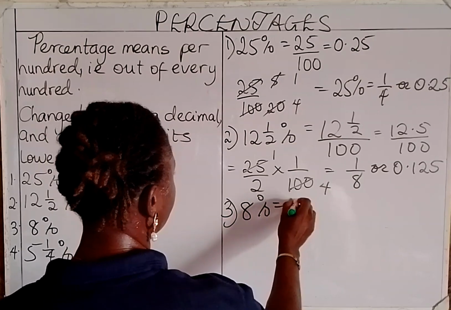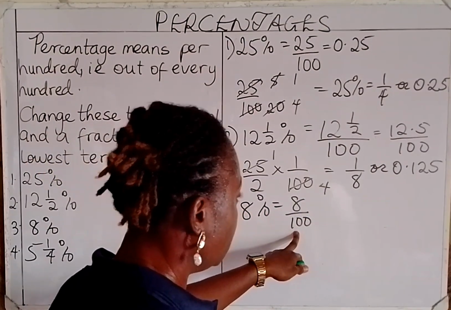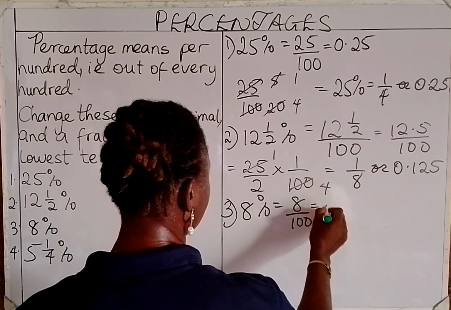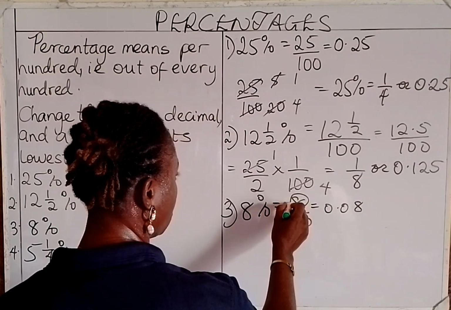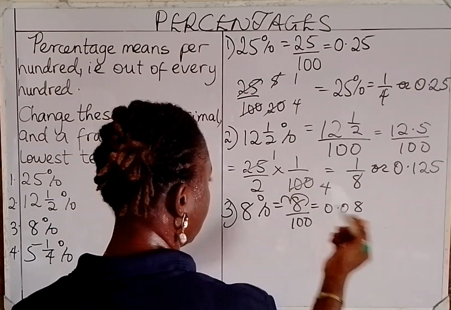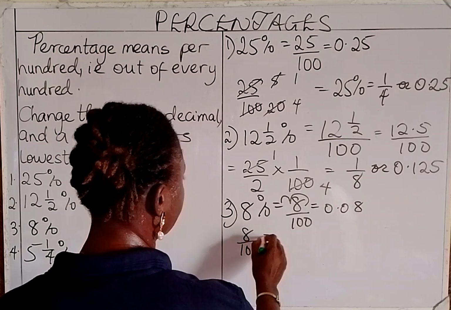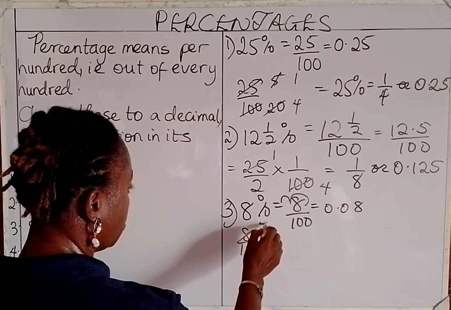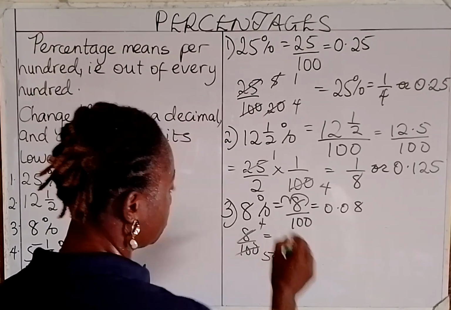Question 3. 8%, which equals 8 over 100. So to get the decimal of this, it should be what? 0.08. From here we move twice, 1, 2. So that's 0.08. And then the fraction form, we have 8 over 100. 2 can go into 8 to give us 4, and into 100 is what? 50.